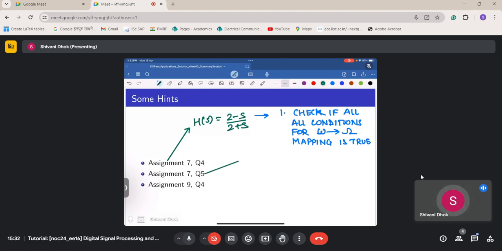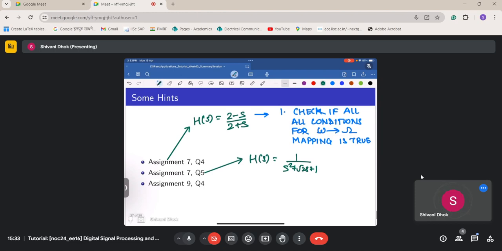The seventh assignment's fifth question was related to Butterworth filter. I think you were unable to figure out the last two options in which this was given, h of s equal to 1 upon s square plus root 2s plus 1 and these kind of things. For that, you have this formula for sk's.